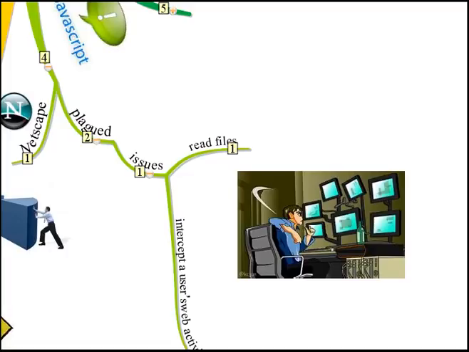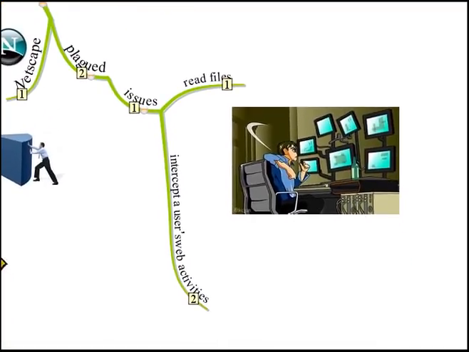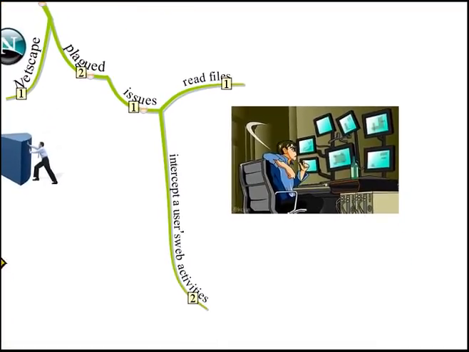These vulnerabilities include the ability for hackers to read files on a user's hard drive and to monitor and intercept a user's web activities. Security precautions are required to prevent malicious code from entering, executing, and retrieving data from the underlying system. The insecurities of web browsers that implement JavaScript, rather than the JavaScript language itself, are the source of the vulnerabilities.